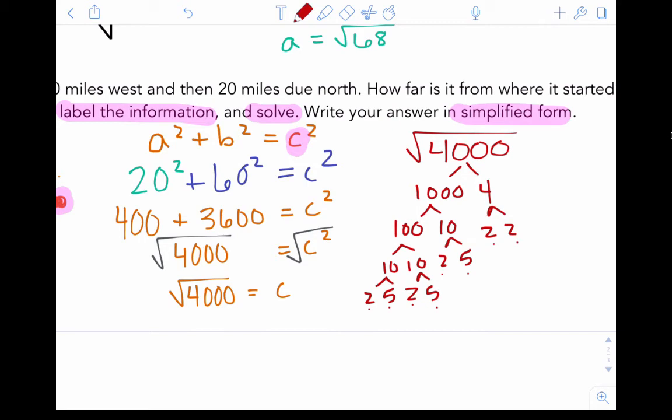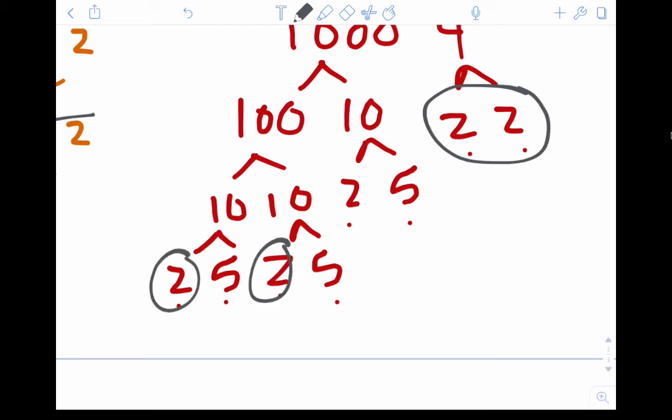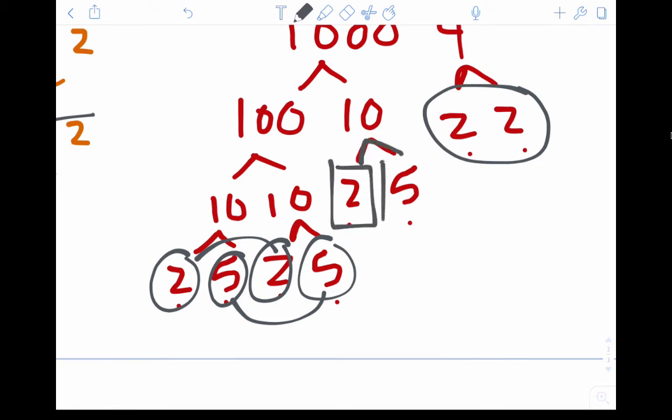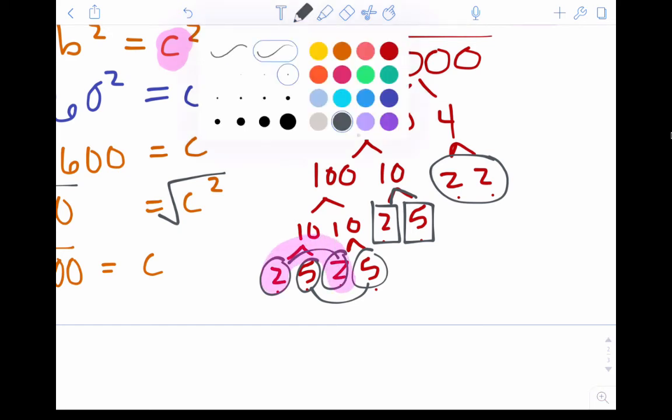All right, I've got to be really careful here. I have a lot of numbers. Well, right off the bat, I see this pair. Then I see I have 2, 5, 2, 5, so those are a pair. Those are a pair. And all I'm left with is this last 2 and 5 right here. So those are both going to be singles. So when I write this, I need to be very, very careful. I'm going to take these out.